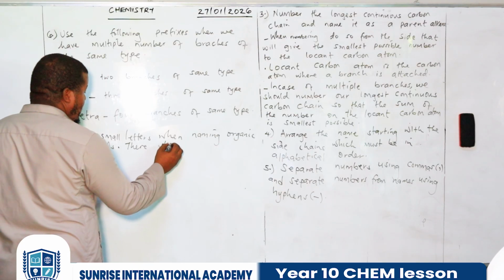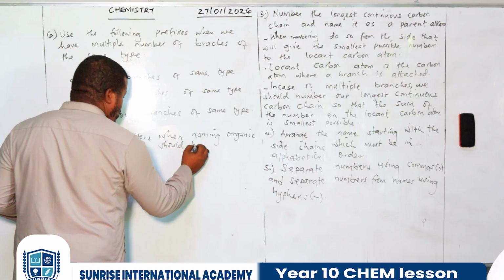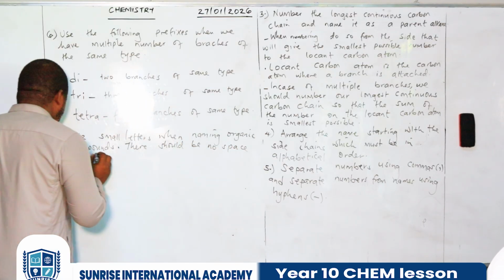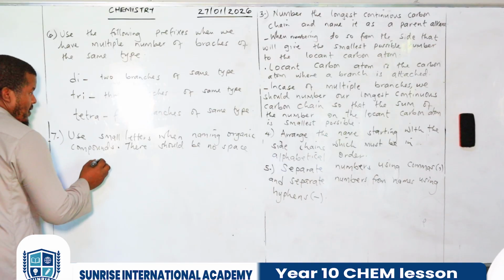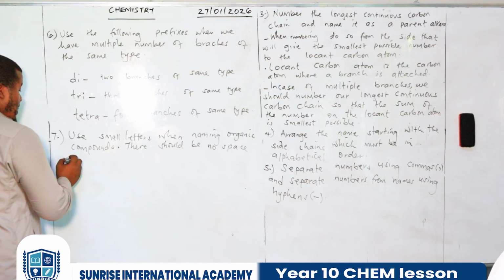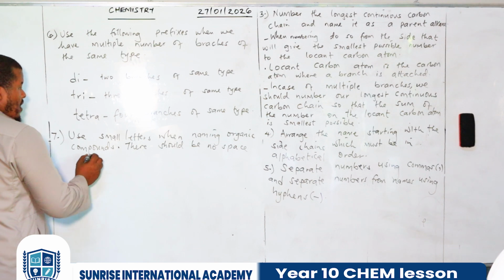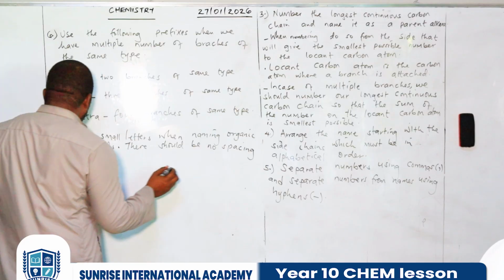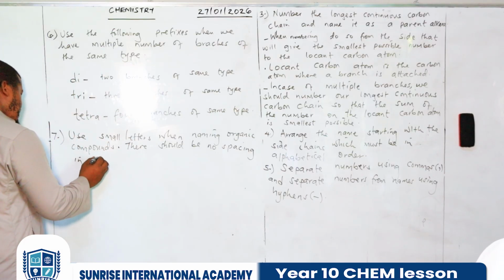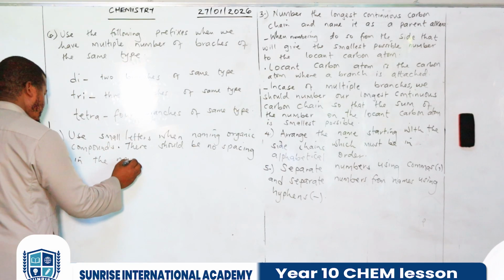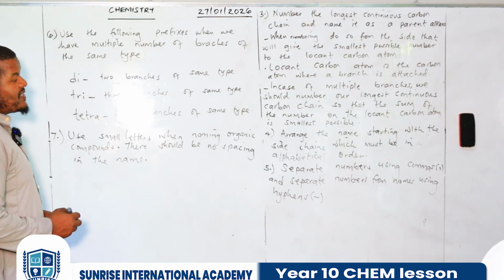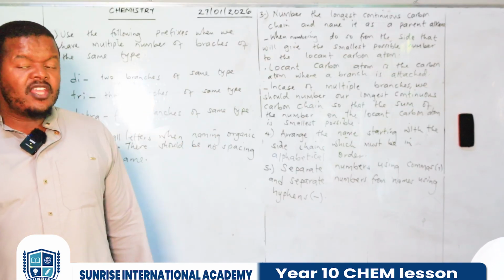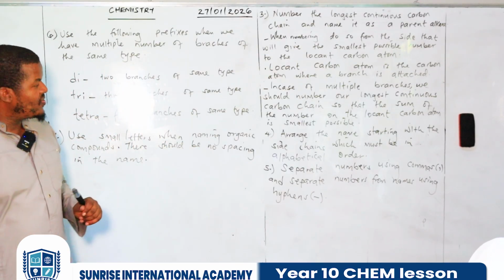There should be no spacing in the name. Those are the 7 major rules for naming alkanes or organic compounds.